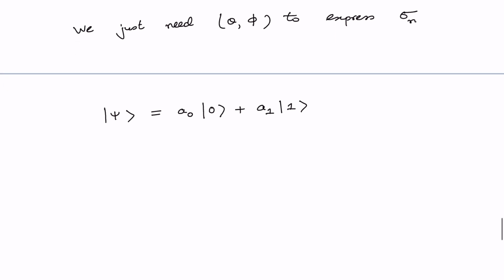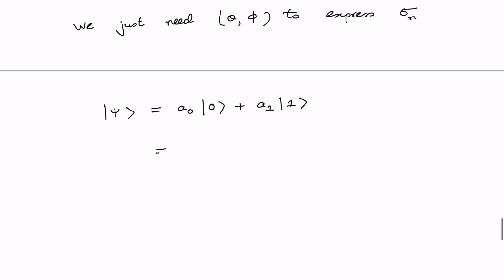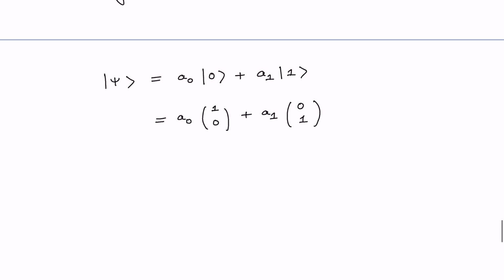So this is the superposition state, and you remember that I can represent this ket 0 by this column vector (1, 0), and ket 1 by this column vector (0, 1). With the condition of course that |a_0|^2 plus |a_1|^2 is equal to 1.